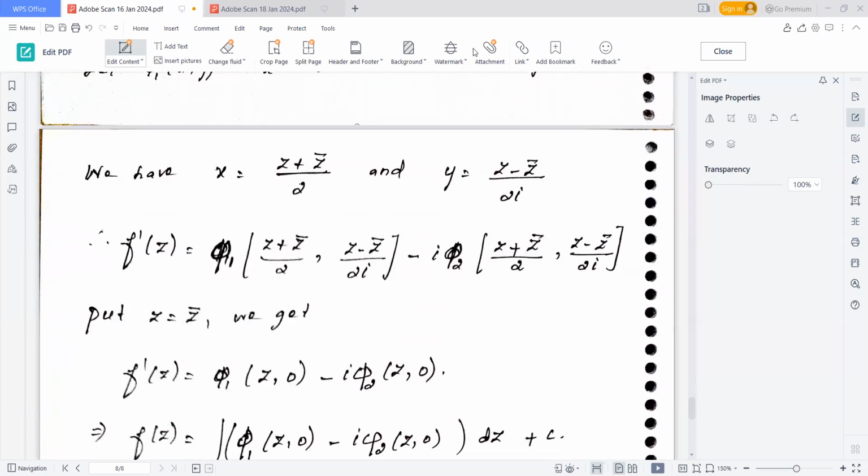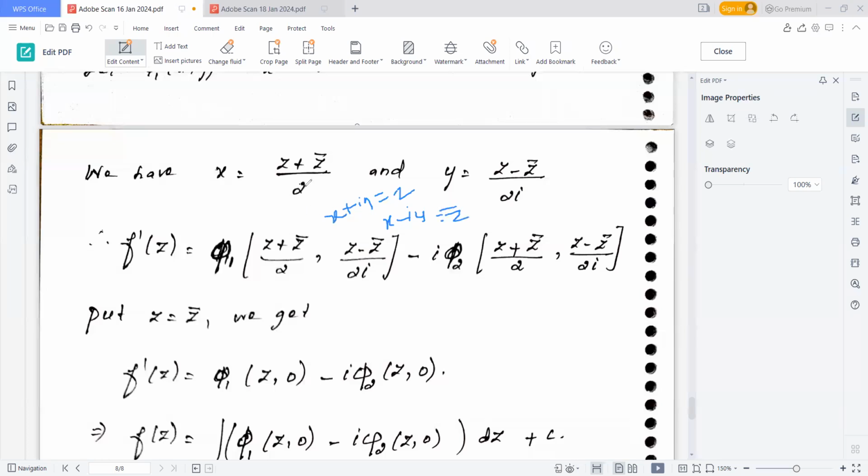Next, we know that x can be written as z plus z bar by 2 and y can be written as z minus z bar by 2i. We already know this, because if z equal to x plus iy, then x plus iy is equal to z and x minus iy is equal to z bar.